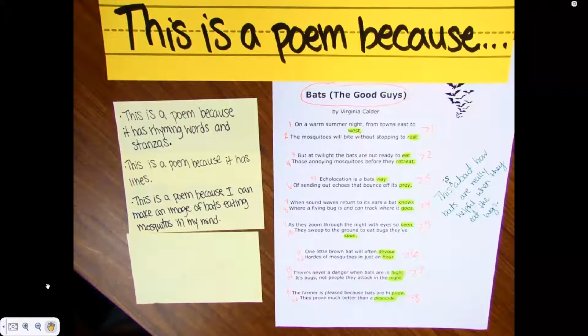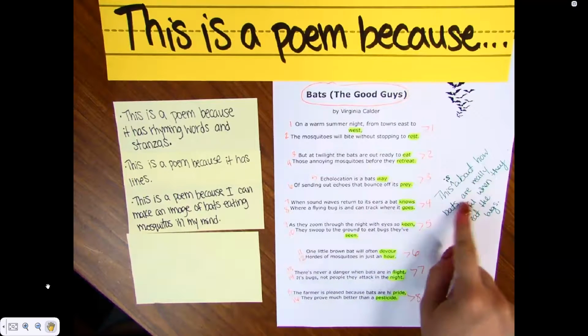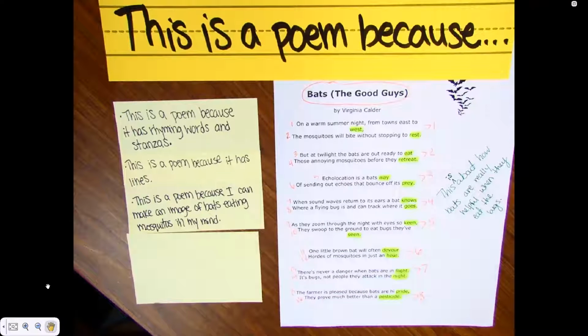All right, give me one more example of why it's a poem, and then we'll do some examples of our own. Think about what I said. They said this is about how bats are really helpful when they eat the bugs. So does this poem express feelings about bats?